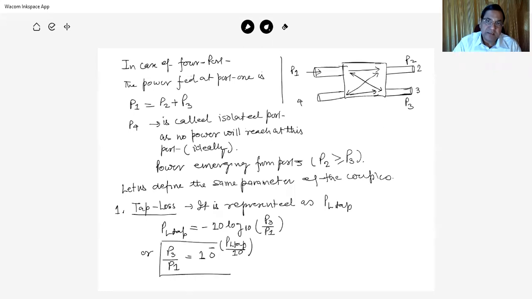This is the transmission loss between the input and tap port 3.